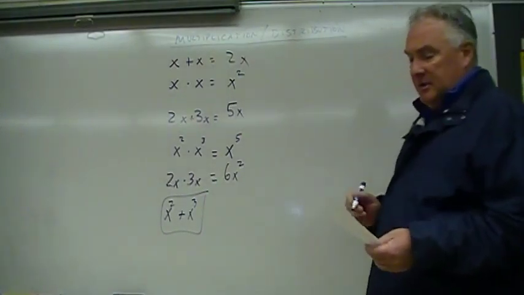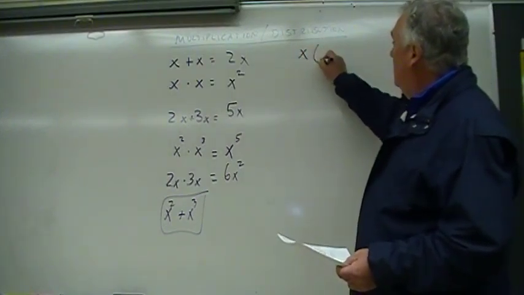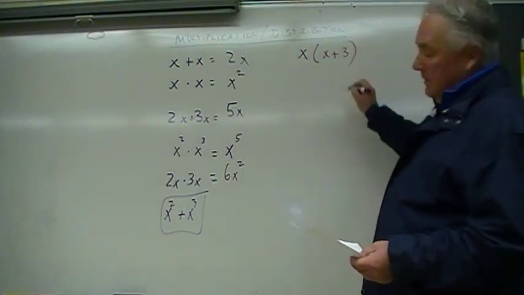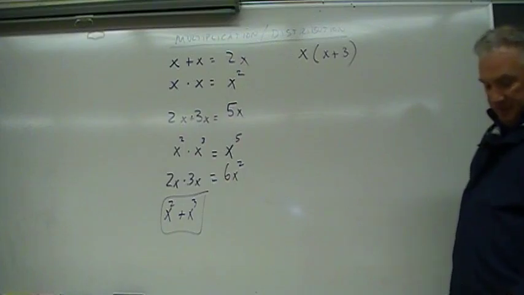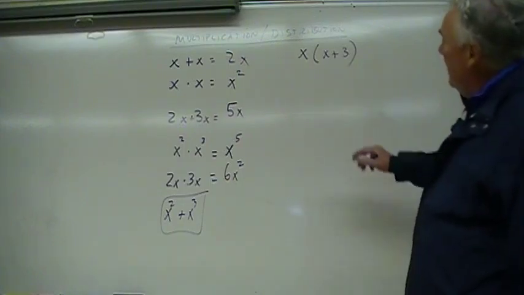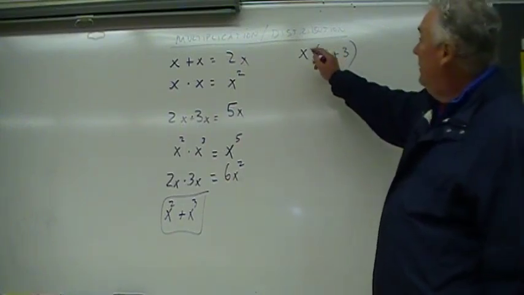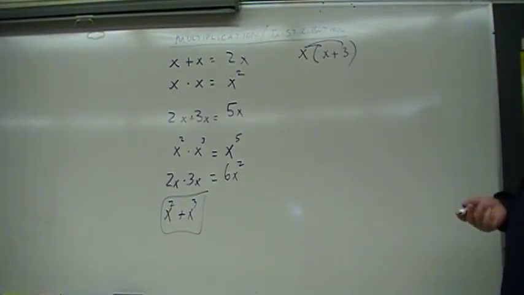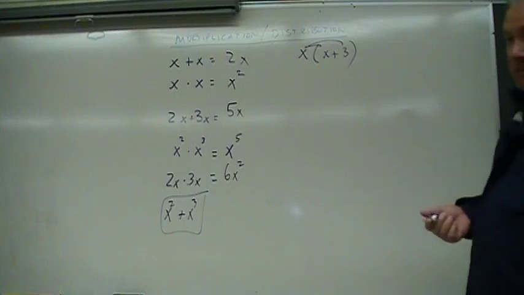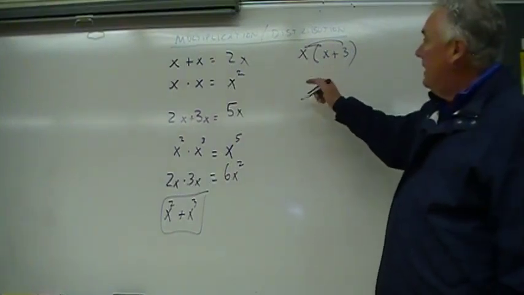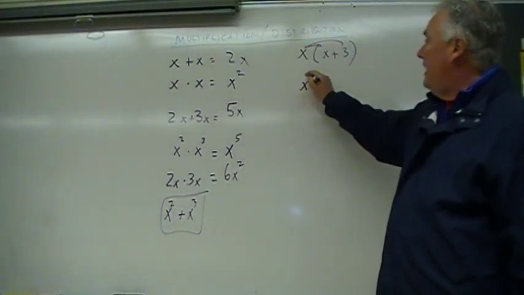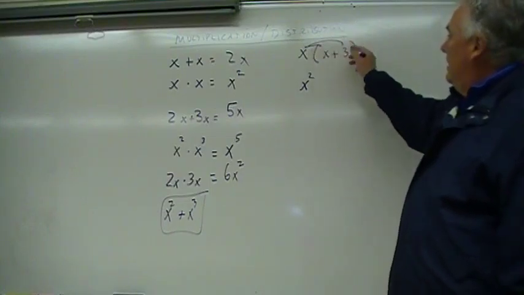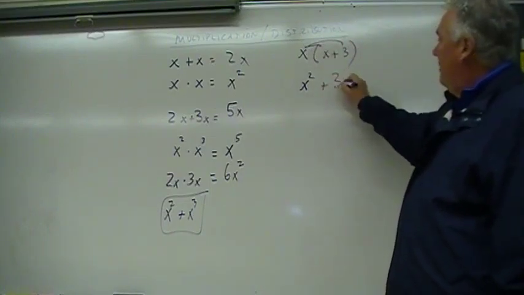Okay? Then we also did this. So we have x times x plus 3. This is a distribution situation, and I show this to remind you that you have two multiplications going on. X times x, we just did that, x squared, plus 3x.